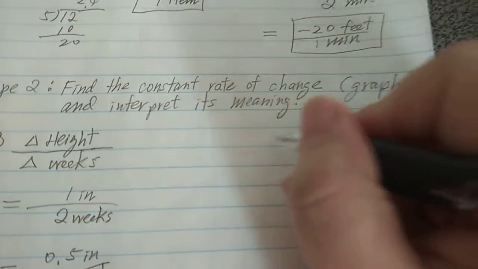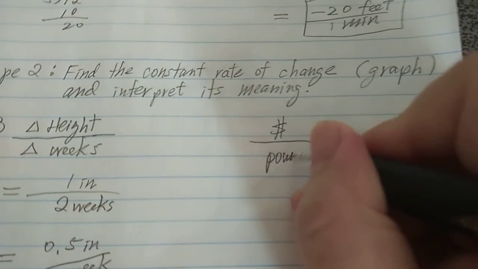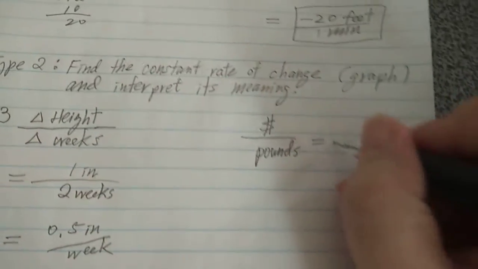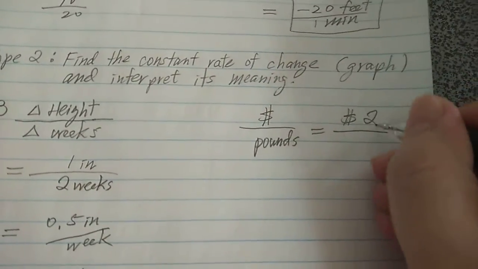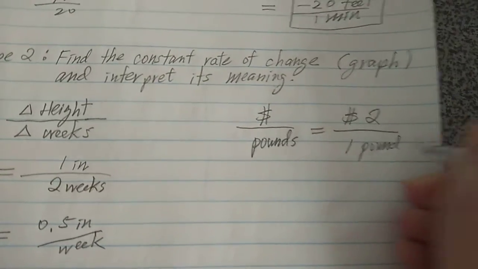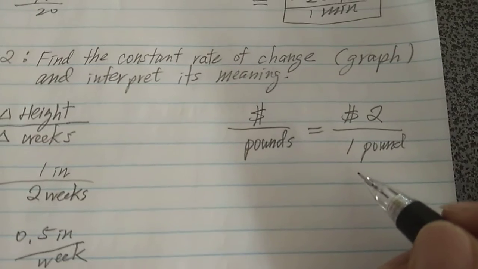The meaning. So the meaning is basically the amount of money, right, over the number of pounds. And we saw that earlier. It's $2 per pound. Okay, so this means that the coffee costs $2 per pound, right?